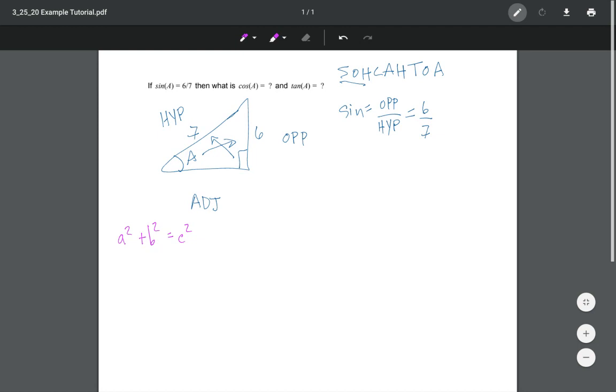Now, when you are using the Pythagorean theorem, the c squared is always the hypotenuse. However, your adjacent side length that we're looking for in this case could be represented by the A or the B. So once again, the hypotenuse is your C value, but where you plug in the 6, either to A or B, does not really matter.